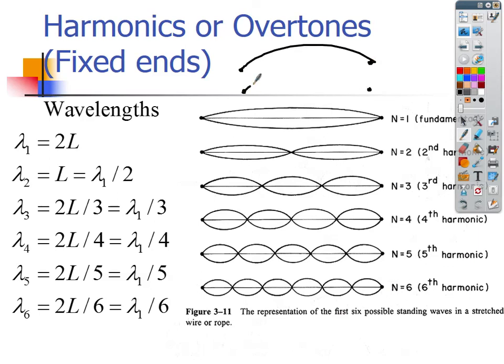Well, I can make one where it goes up and down, but it has to end back at a node again. And so that's basically what we're doing. As we keep on going, I still have these two fixed ends. I just see how many waves I can fit in between them, but I have to end on the node. And then basically I can keep on fitting more and more waves inside of it. So, what do I then do with this?